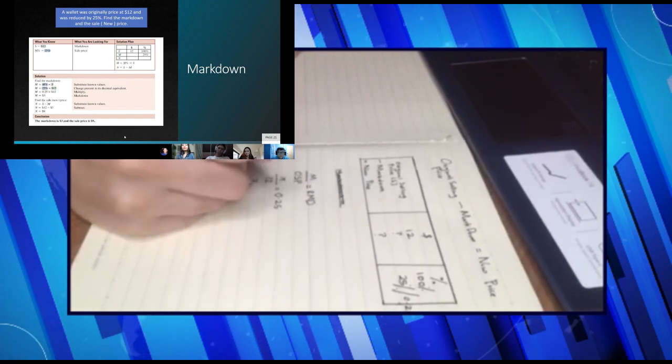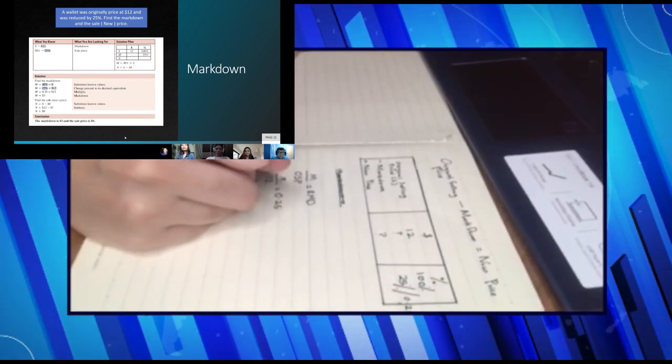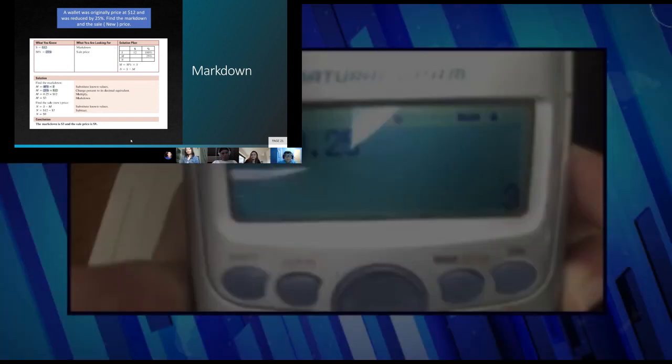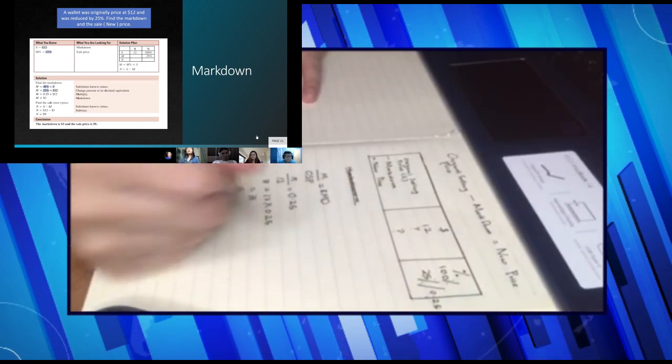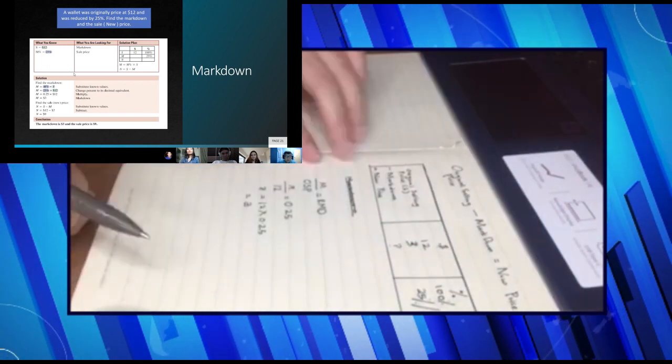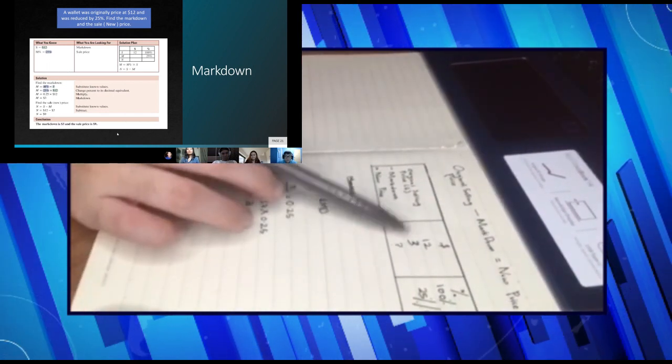Then X equals 12 multiplied by 0.25, which equals 3. So the markdown is 3. We already get the markdown.